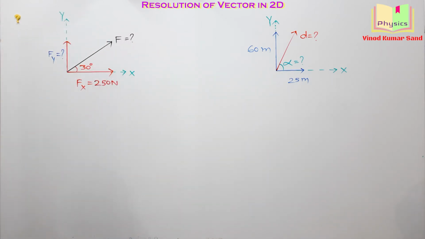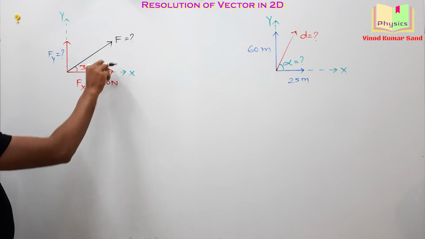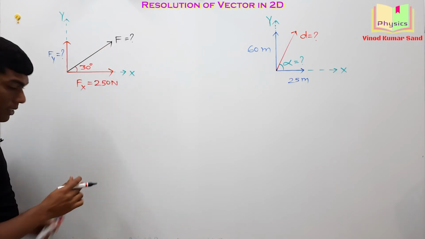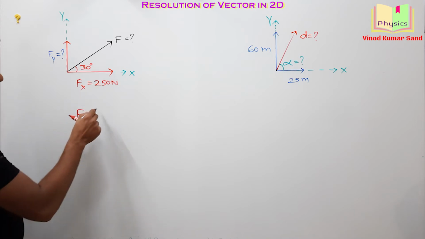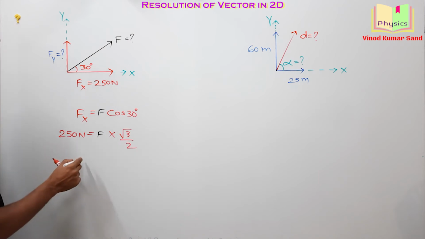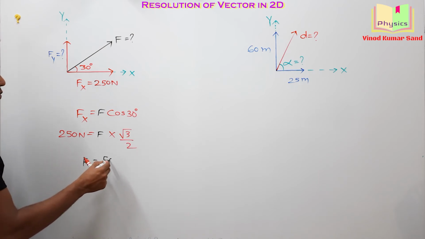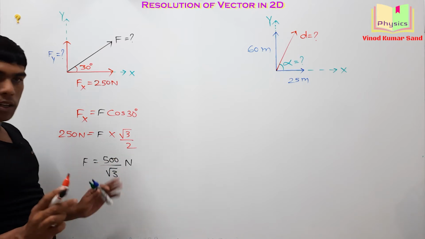I am proceeding for the solution. We know one thing, if a force is making angle 30 degree with the x-axis, it means the Fx must be given as F cos 30 degree. So this gives you F is equal to 500 by root 3 Newton. Done.